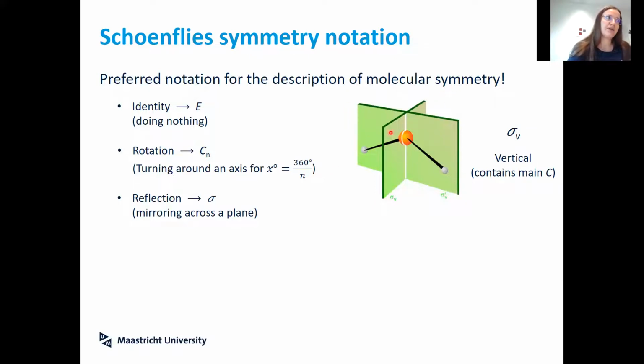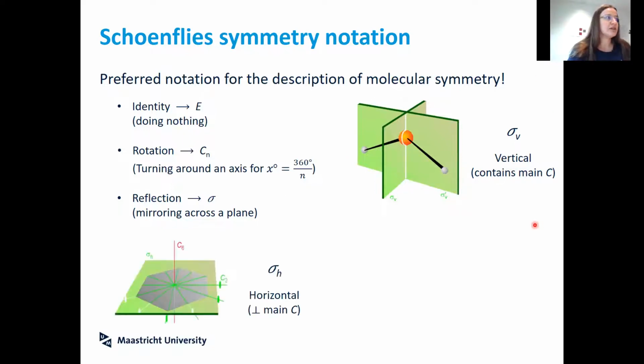Both of them will contain the axis of rotation, and both of them will leave the object invariant against the operation of reflection. So if the axis is here, a sigma v must contain the axis.